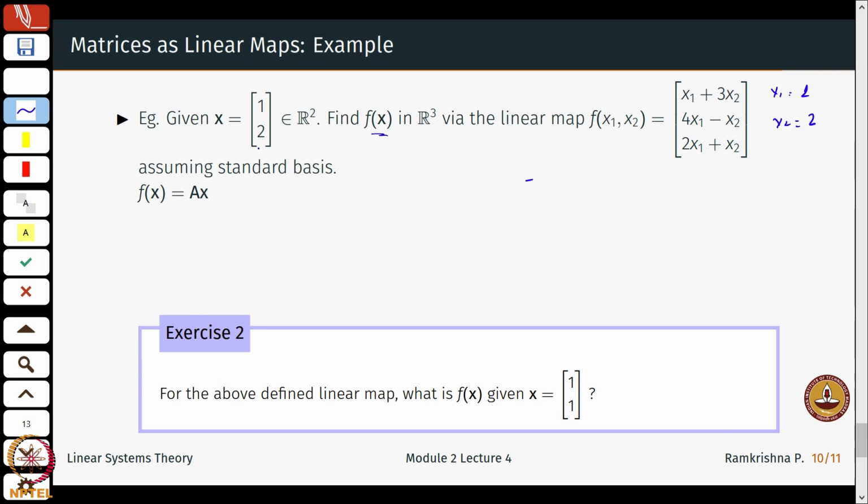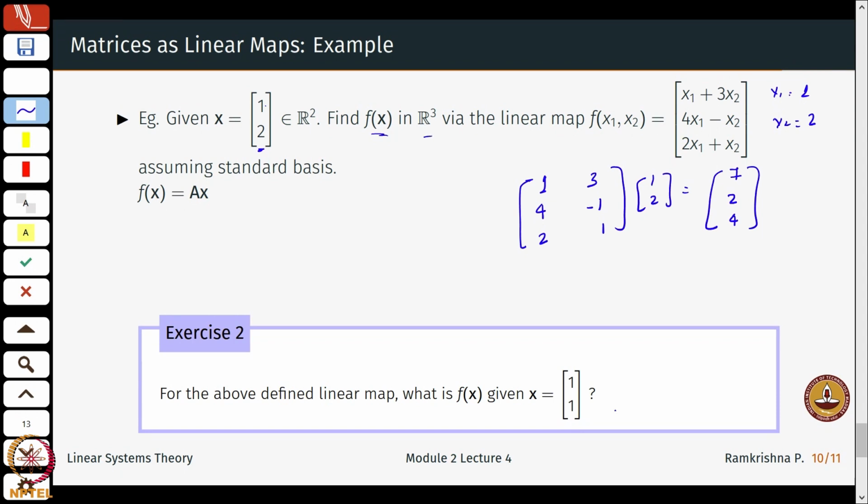So, this vector (1, 2) will transform via this linear map, which has a matrix representation 1 3, 4 -1, 2 1, into 1 plus 6 is 7, 4 minus 2 is 2, 2 plus 2 is 4. So, this is how this vector (1, 2) will look in R3 via this linear transformation.